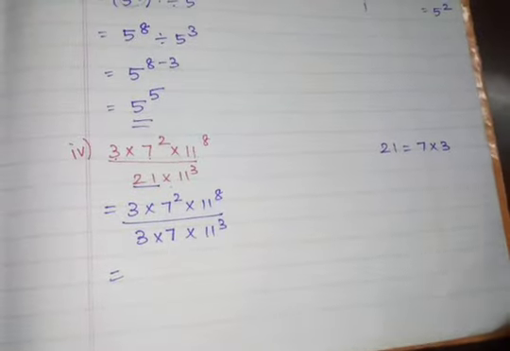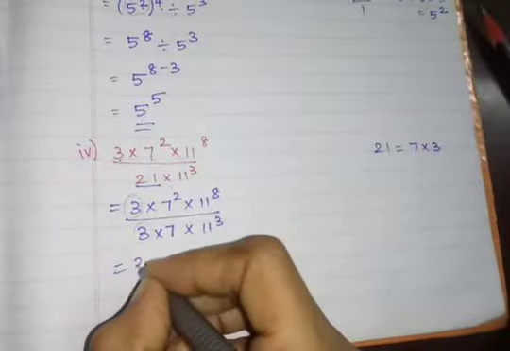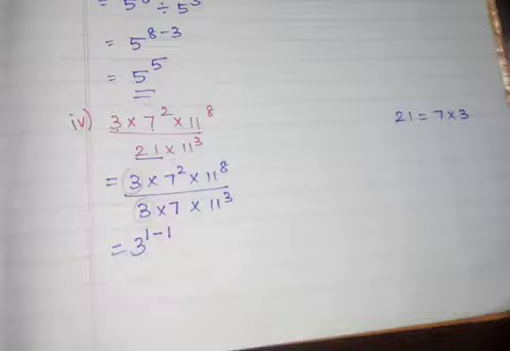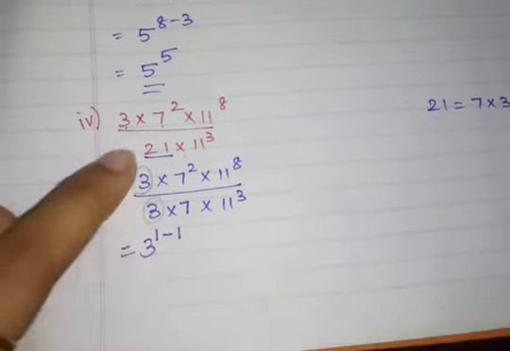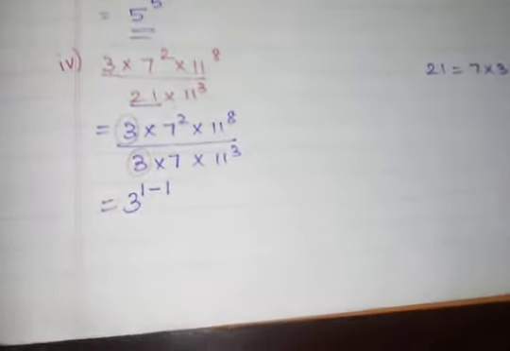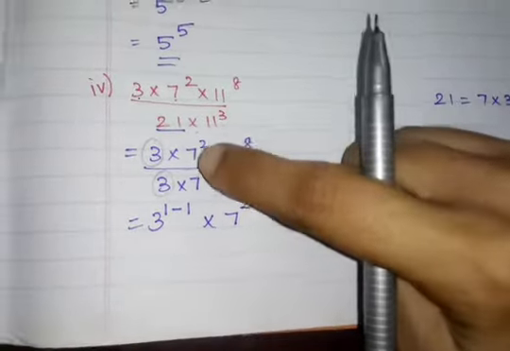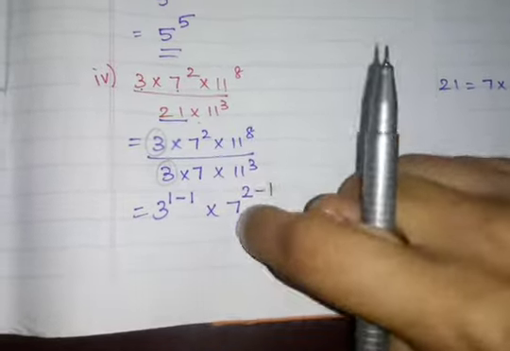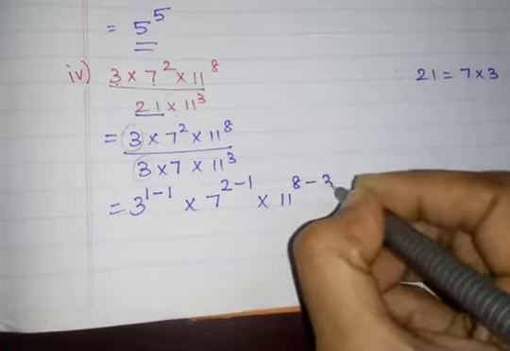First, I am just going to compare this 3 and this 3. 3 power 1 minus 1, because 3 means 3 power 1. Both are division, so 3 power 1 minus 1, into 7 power 2 minus 1, 7 power 2 divided by 7 power 1, so 7 power 2 minus 1, into 11 power 8 minus 3.